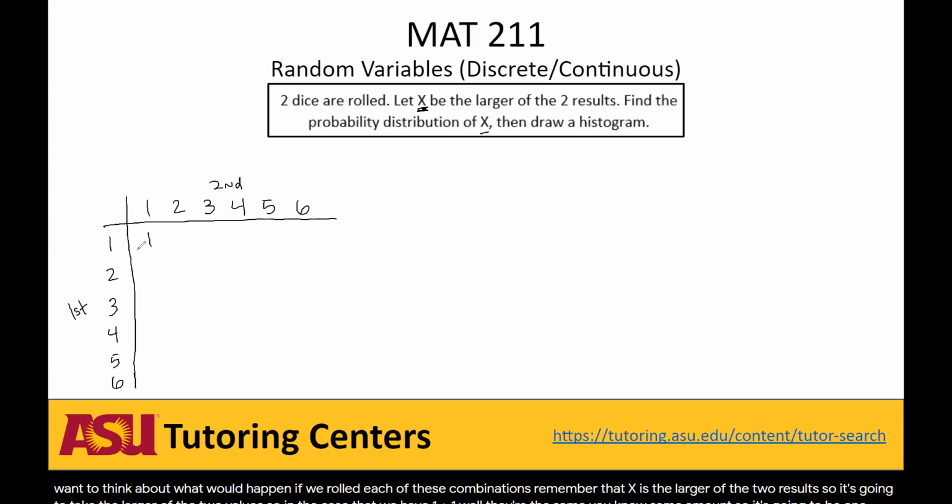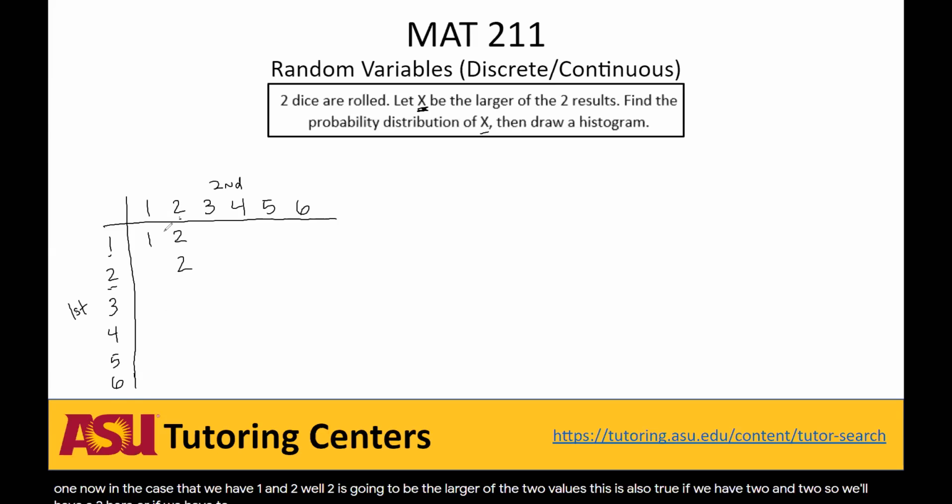Now in the case that we have 1 and 2, well, 2 is going to be the larger of the two values. This is also true if we have 2 and 2. So we'll have a 2 here. Or if we have 2 and 1, it would be 2.